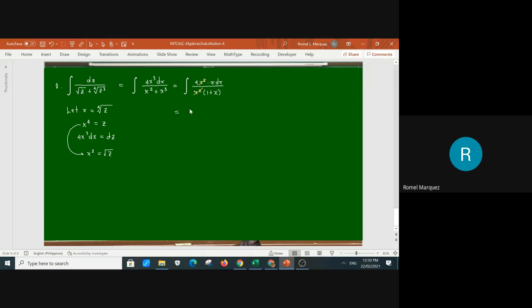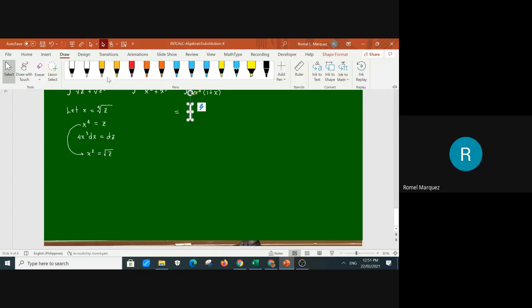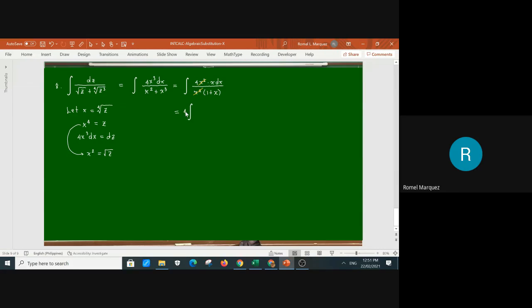So we have 4, put the 4 out, then inside, x dx over 1 plus x or x plus 1.